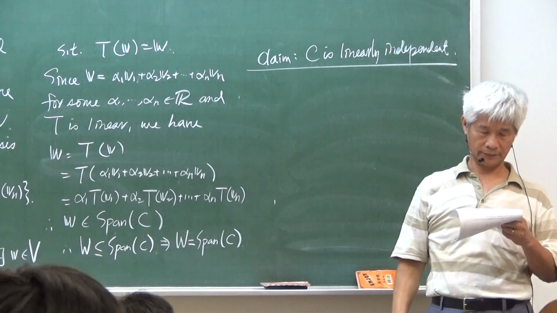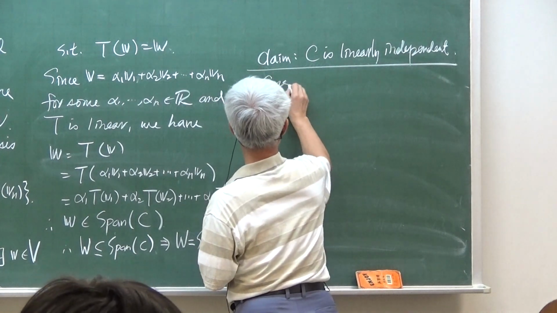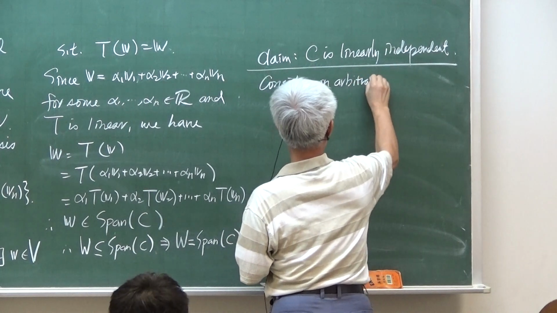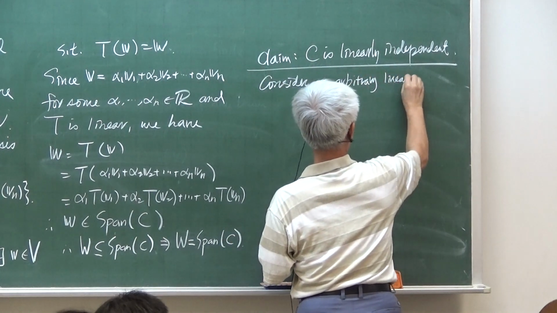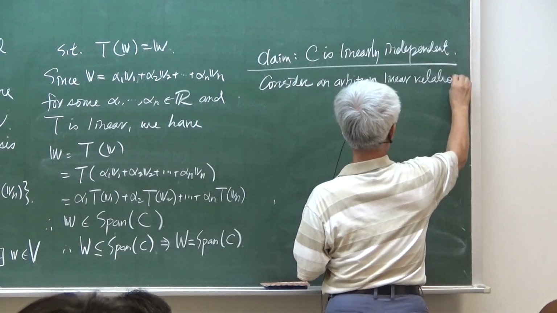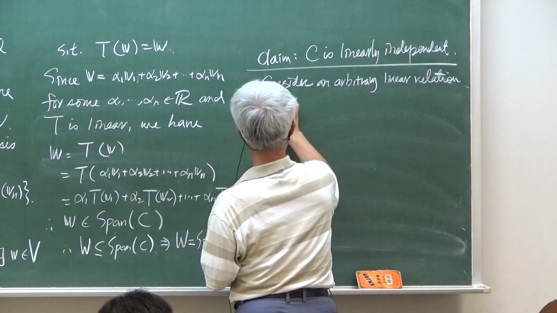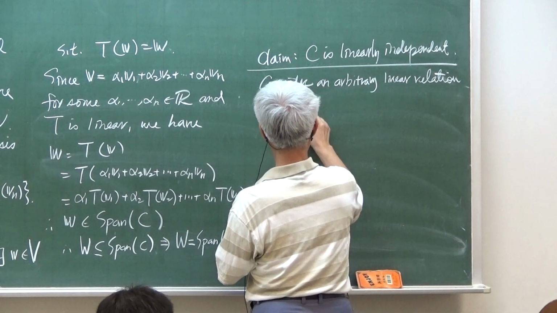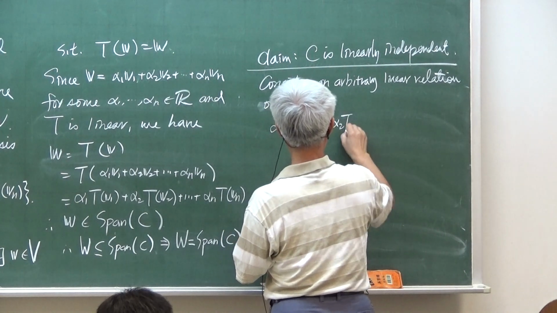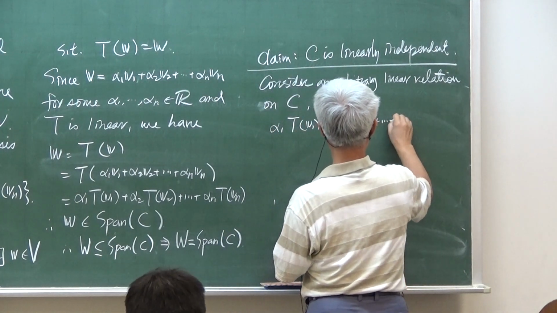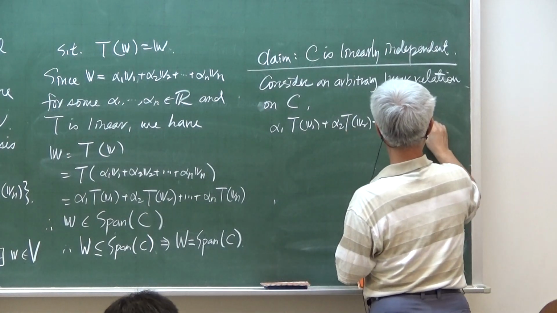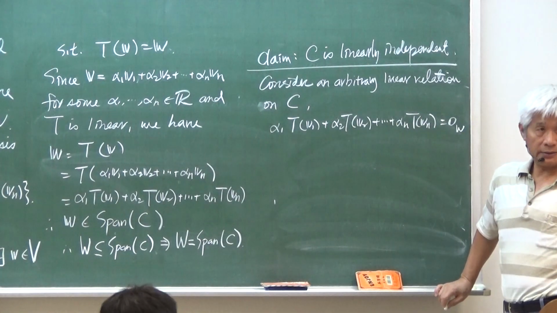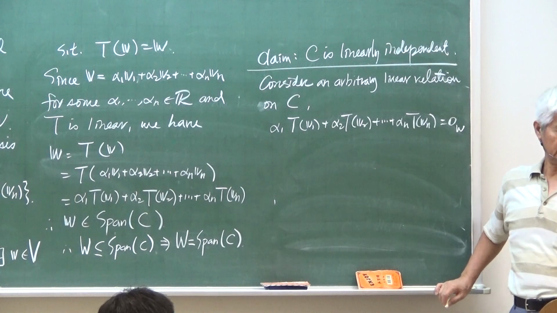Consider an arbitrary linear relation on the set C. So it's alpha 1 t(v1) plus alpha 2 t(v2) plus ... plus alpha n t(vn) equal to 0. Okay? So this is an arbitrary linear relation.